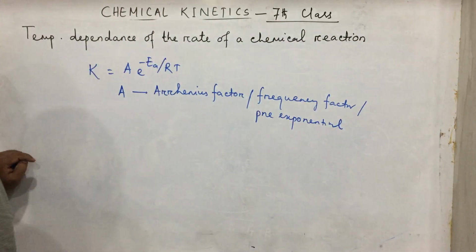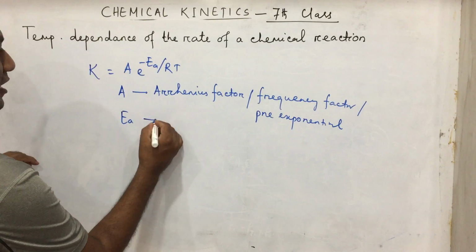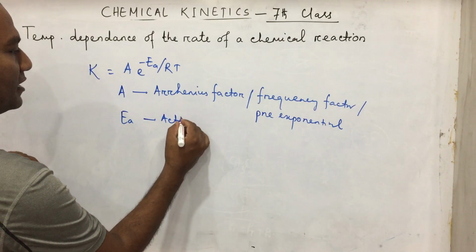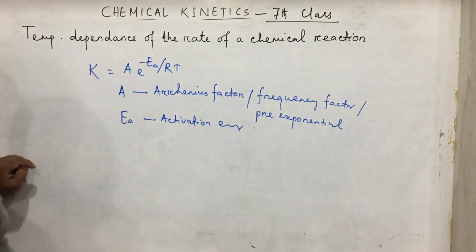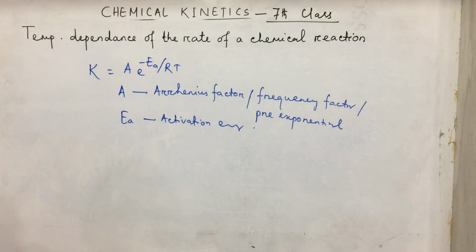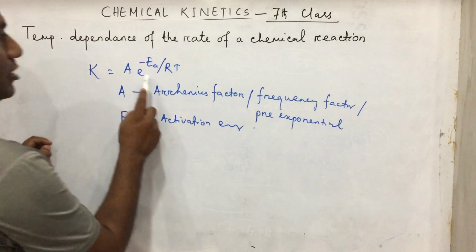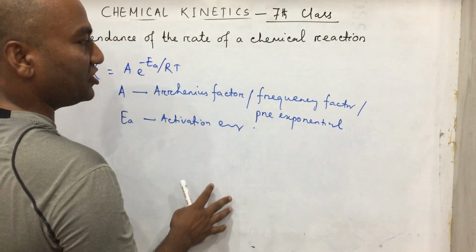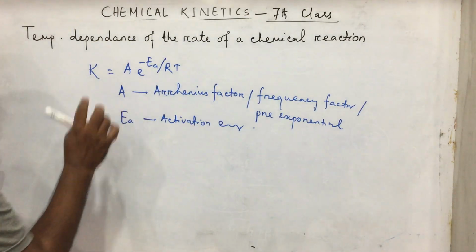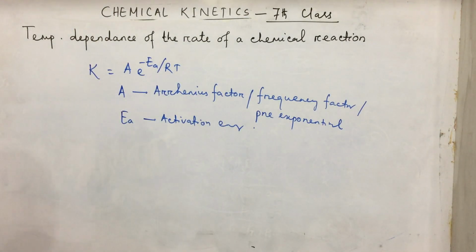Clear? And what is Ea? Ea is known as activation energy. So this is the mathematical equation of Arrhenius, showing how the rate constant changes when temperature changes: k equals A into e to the power minus Ea by RT.